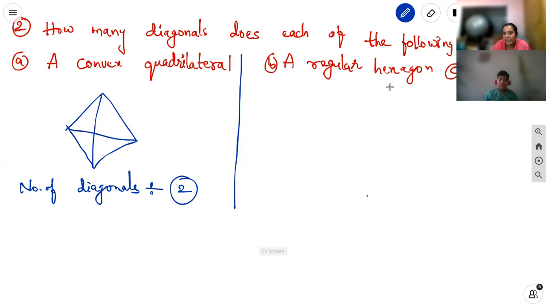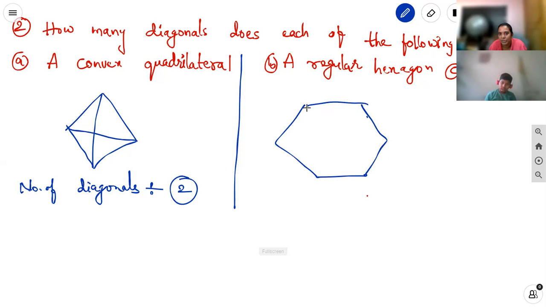Next, a regular hexagon. Hexagon means how many sides? Penta, hexa, hepta: 6 sides. Regular means equal sides: 1, 2, 3, 4, 5, 6. How many diagonals? From this vertex, one diagonal, two, three.